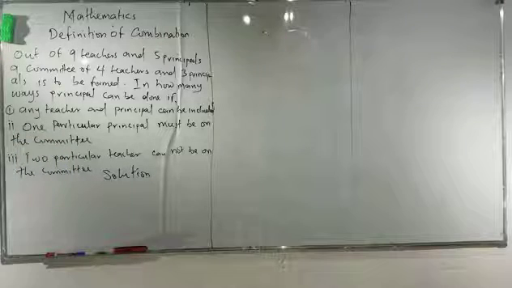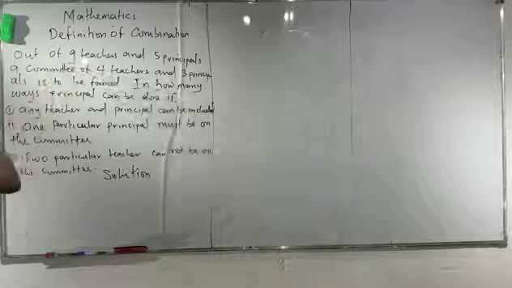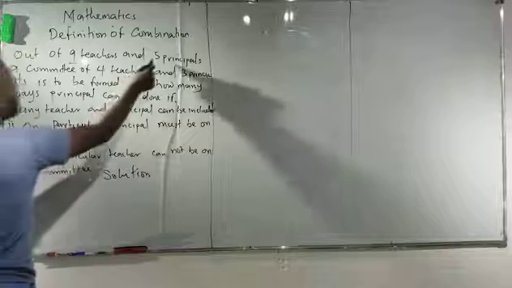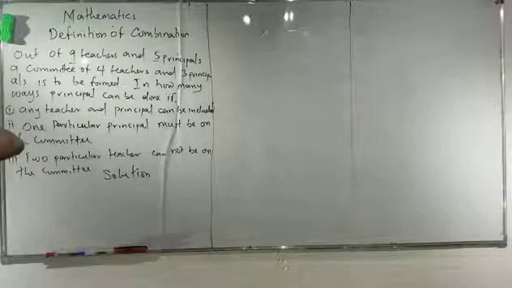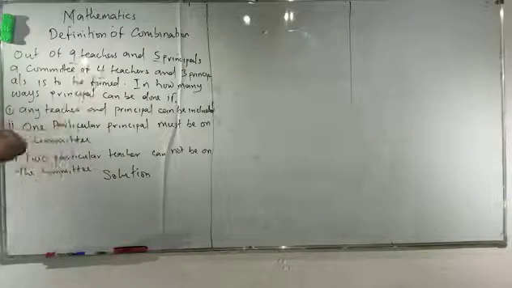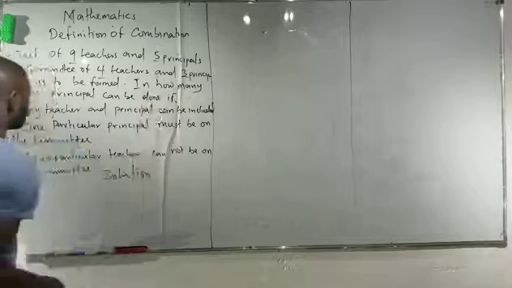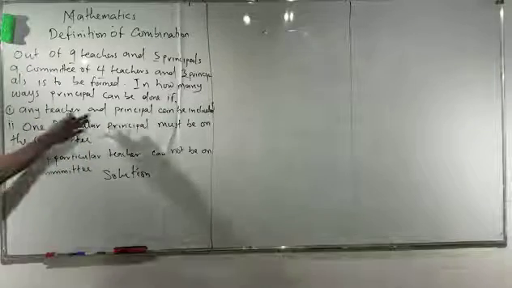The first thing you need to understand is how the question comes. We have 9 teachers and 5 principals, and a committee of 4 teachers and 3 principals. Now, this one is any teacher and any principal.